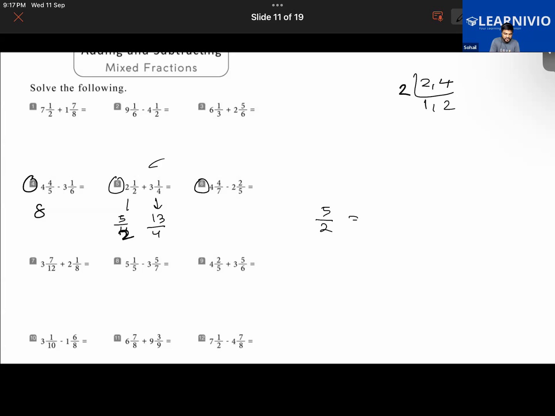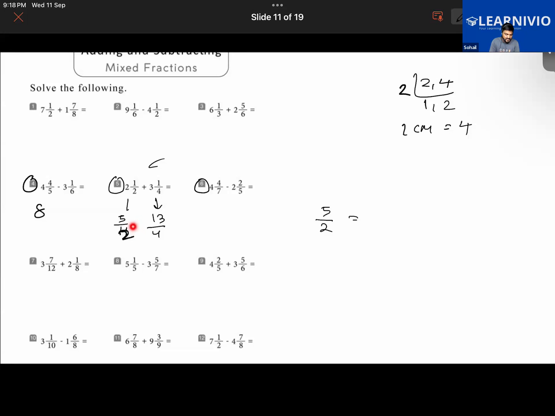Let me tell you why. After finding the LCM, what do you have to do? You have to convert the denominator equal to that LCM. Whatever LCM you have found, you have to make the denominator equal to that by multiplying the numerator and denominator with the same number. That's what you have to do, Sumaya.